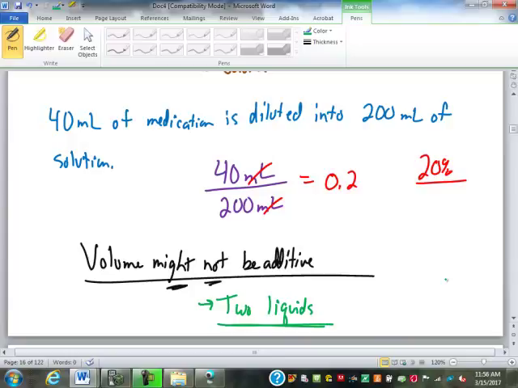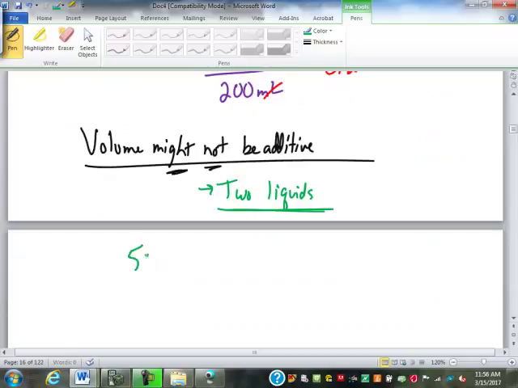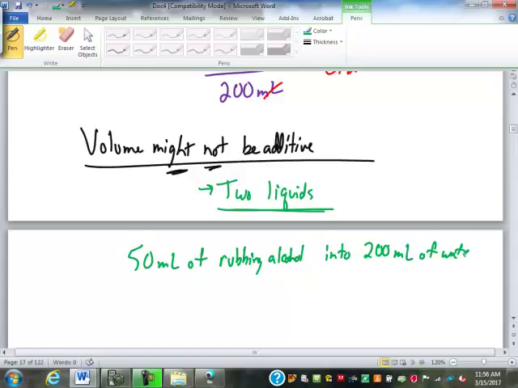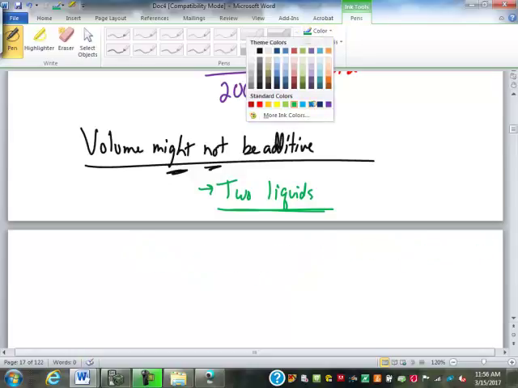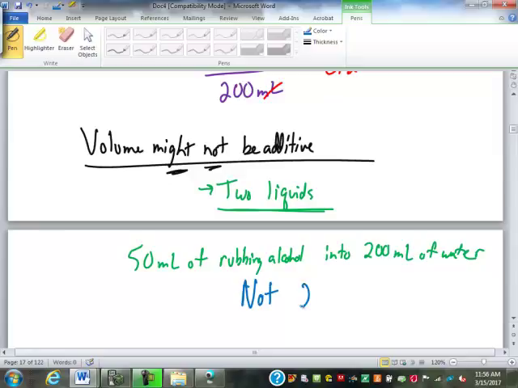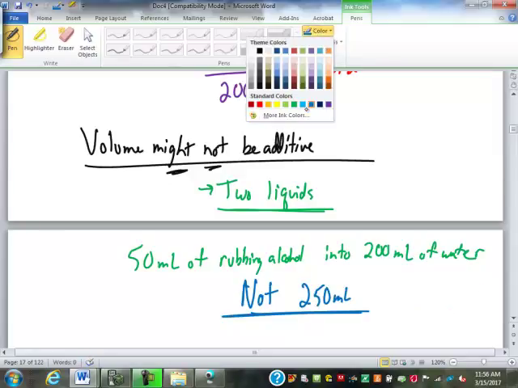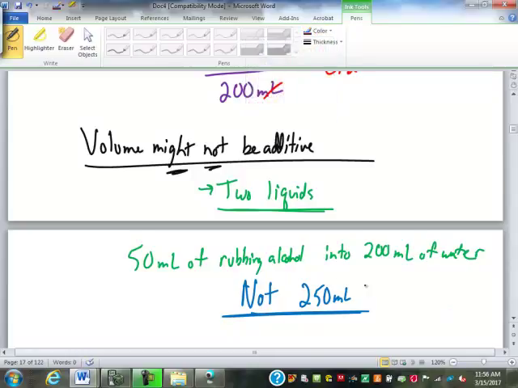Alcohol does dissolve into water. So when we add 50 milliliters of rubbing alcohol into 200 milliliters of water, the result is not 250 milliliters. 250 milliliters would be the maximum volume, but it's always going to be less than that if it's a solution.